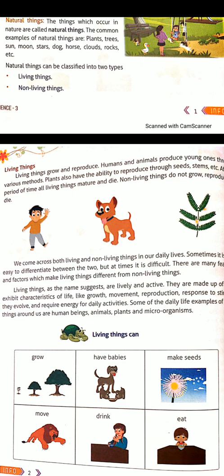What the last condition is, response to stimuli. What stimuli should you understand? Stimuli are sudden changes in our environment. When the temperature around us is very hot, we will start to sweat, correct?